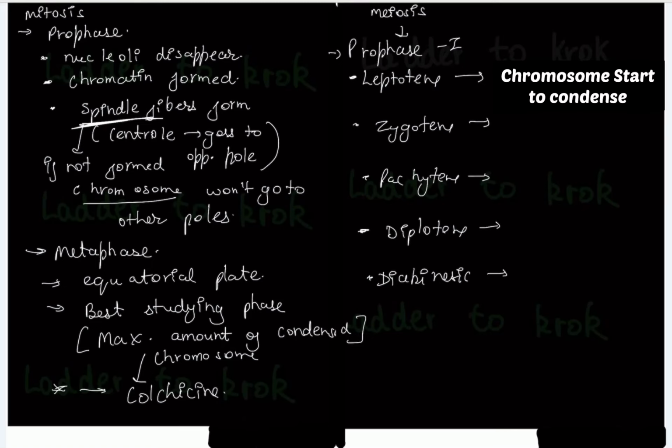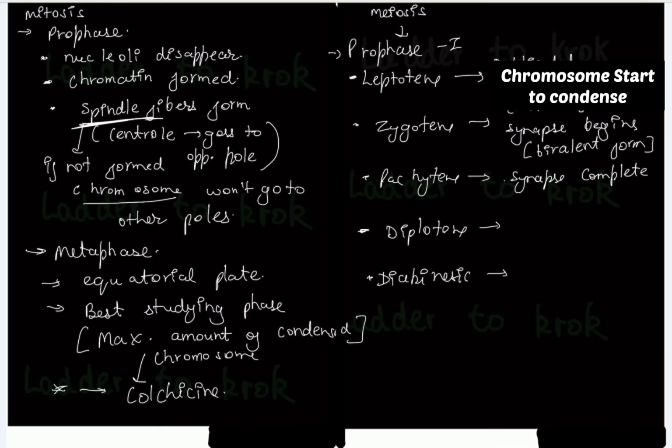Now, what is leptotene? Chromosomes start condensing. In zygotene we see synapsis begins or bivalents form. Pachytene is synapsis complete, or we can also say crossing over occurs.